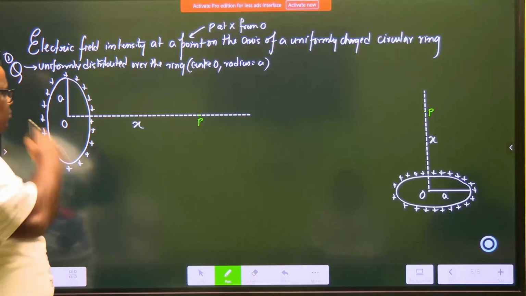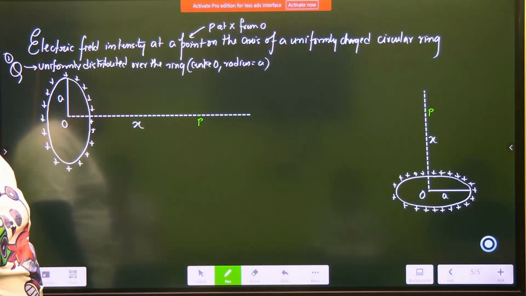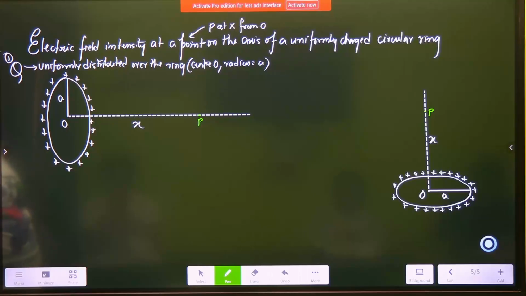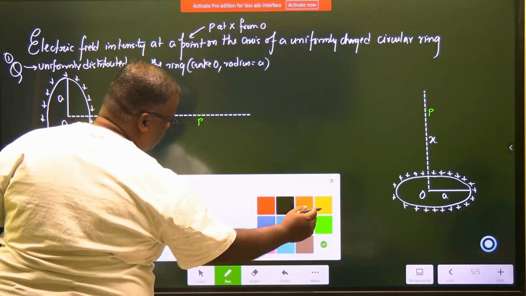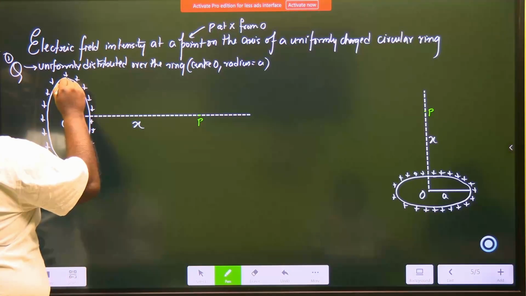Now we have to find the electric field intensity at P. In order to find this, since the charge is uniformly distributed, we have to take small portions of this ring. So we take two small portions of this ring which are diametrically opposite to each other.